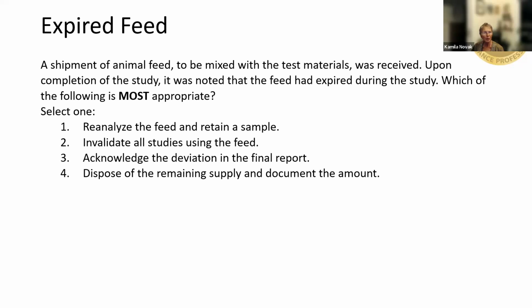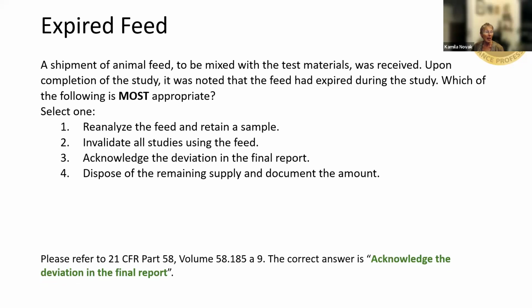So let's take a look. Acknowledge the deviation in the final report is correct. And I would say, if your risk assessment says that there was a really disastrous impact, then you might be choosing 2.